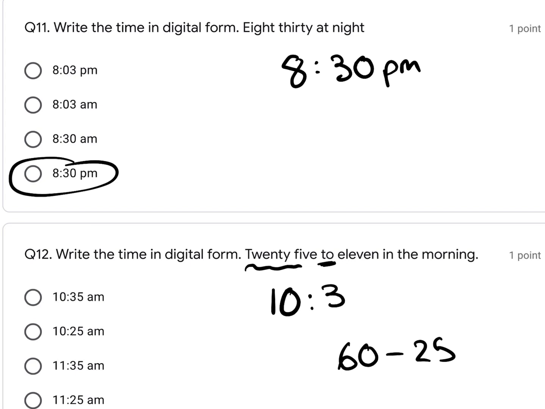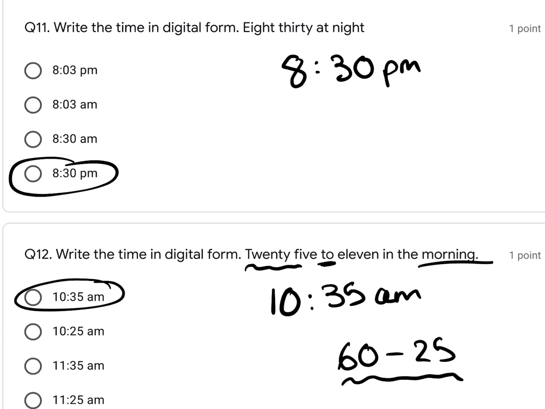We're at 10:35, because if we then add on 25 minutes, we'll be at 60. We'll be at 11 o'clock. So this 10:35 means that it's actually 25 minutes until 11. And the way we work that out is we'll just do 60 minus 25. So 10:35 is 25 to 11 in the morning, so it's AM. Oh, sorry, wrong one, I got confused. 10:35 AM.